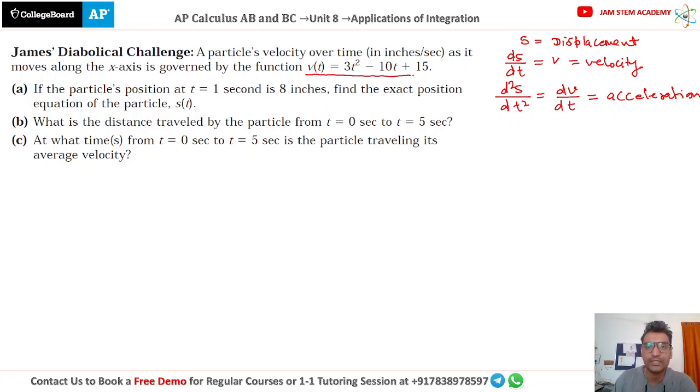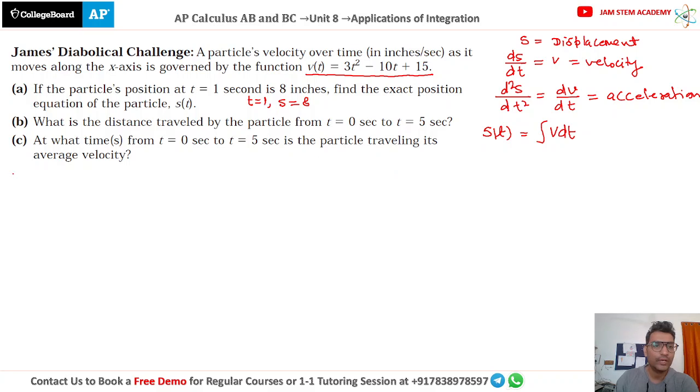They said if the particle's position at t equals 1 second is 8 inches, what that means is, if t is equal to 1, then the displacement function s will take the value 8. Then find the exact position equation of the particle, s(t). So this time velocity is given and we are looking for s. So how can I find the s function? It is nothing but the integral of the velocity function simply.